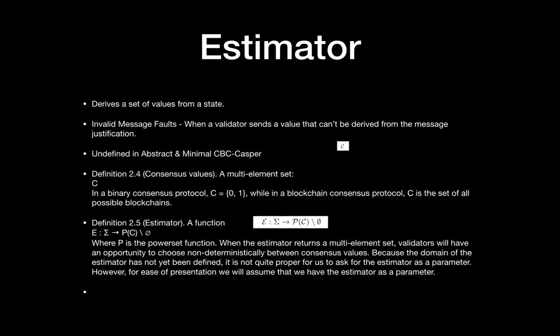Then when it's time for you to send some messages, you base them on what you've seen. So you run your justification through the estimator, and then you will have a set of values, and you might need to randomly pick one of those values and attach it to the message.